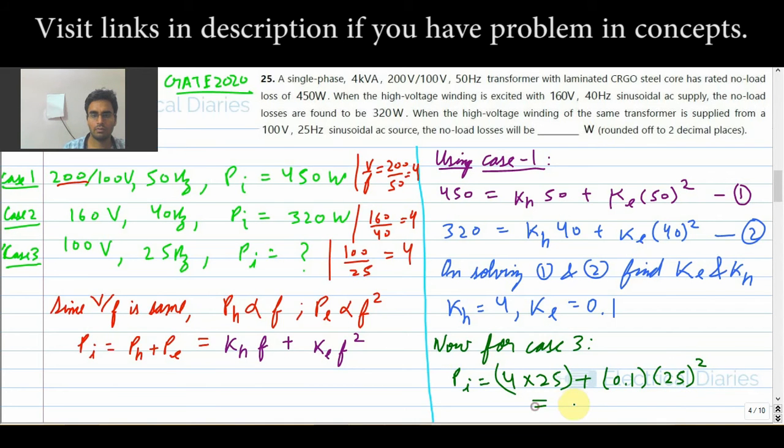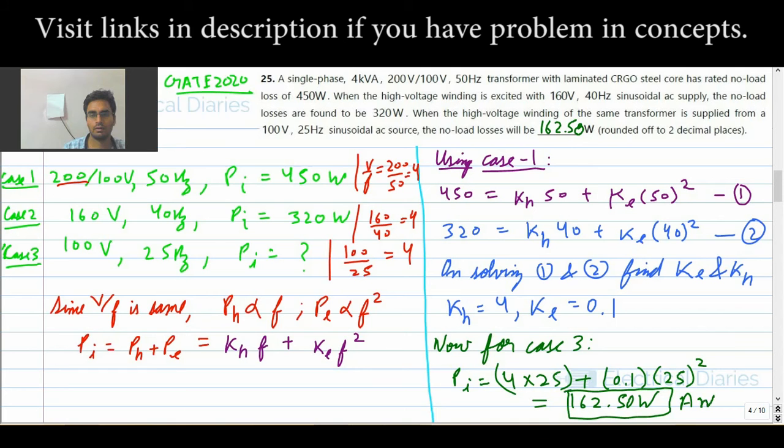So your answer will come out to be Pi is equal to 162.5 watts. Okay, so this is the answer. Since it is asking two decimal places, so put 162.50 watts. Okay, so that is how this question is solved.